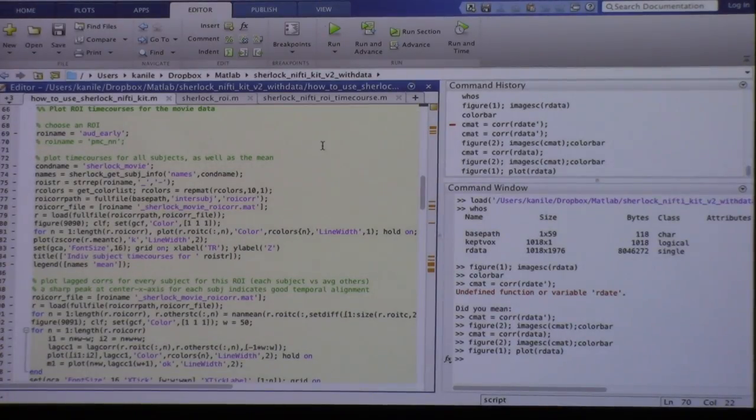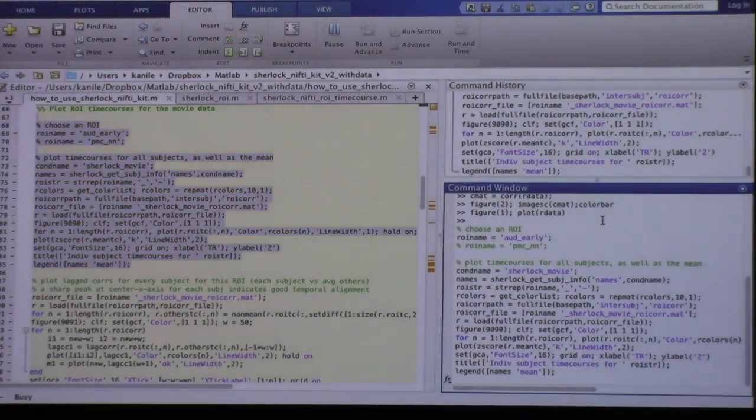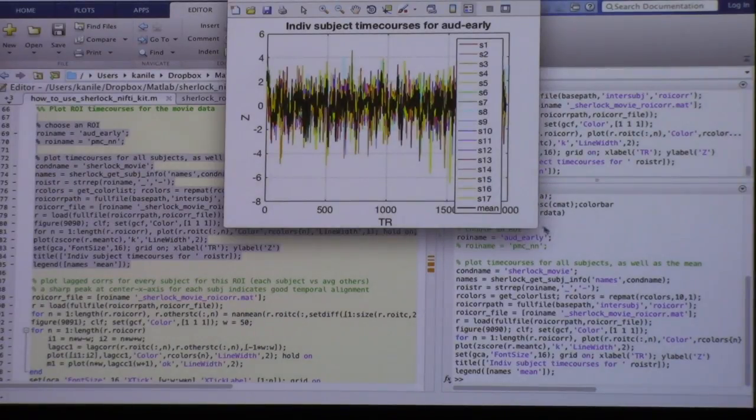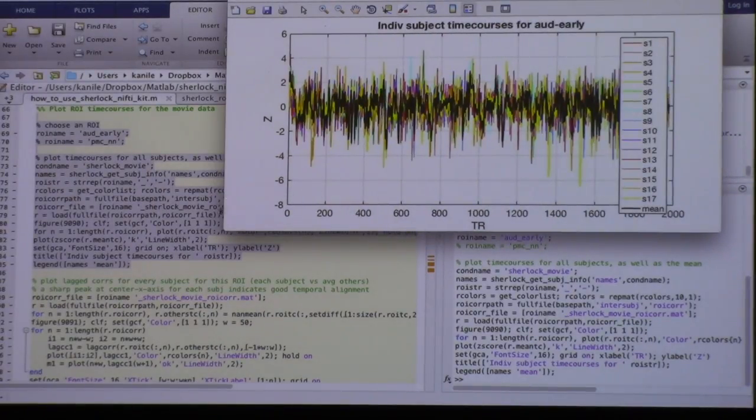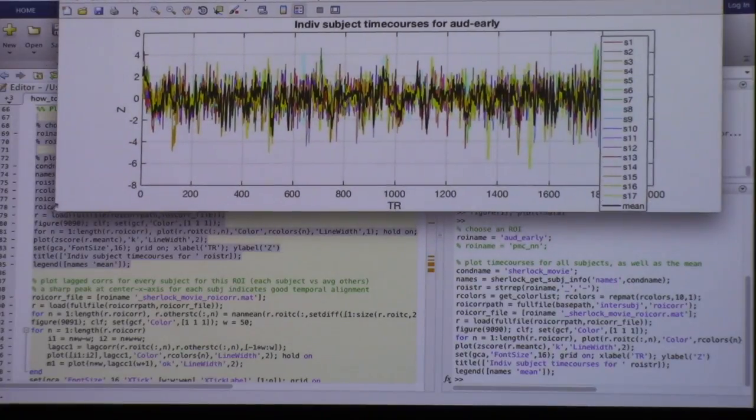Okay, so now we're back here. We're plotting the ROI time courses for the movie data. By ROI time course, I mean we just average over all of the voxels in that ROI to get a single time course. So this first section shows all of our 17 subjects, and the black line is the mean.